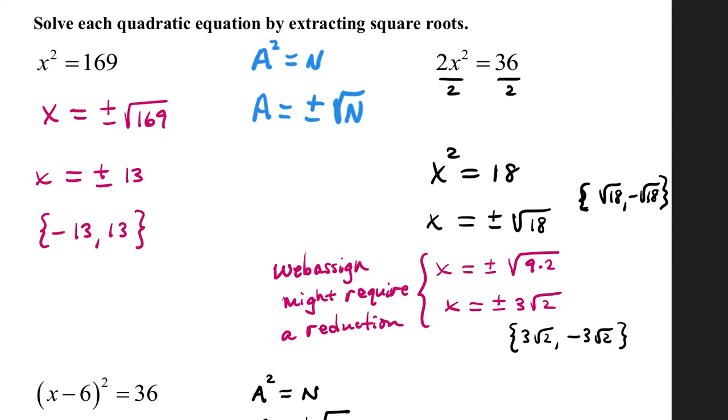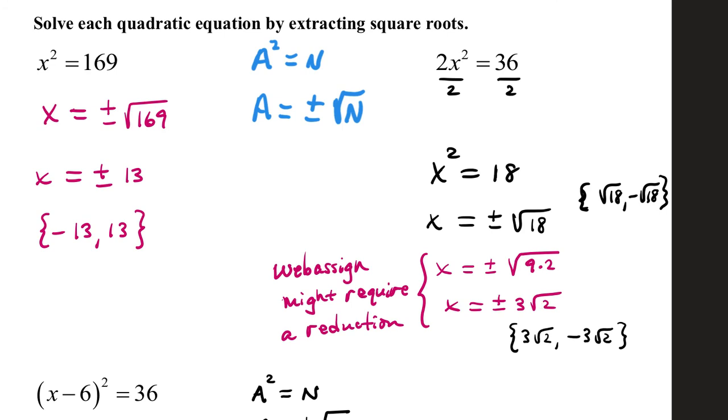Now, I mentioned in class that there's nothing wrong with having your solutions as positive and negative square root of 18. If WebAssign requires a reduction, then your 18, because it can be written as 9 times 2, you have a number that you can square root. Square root of 18 reduces to 3 square root of 2.